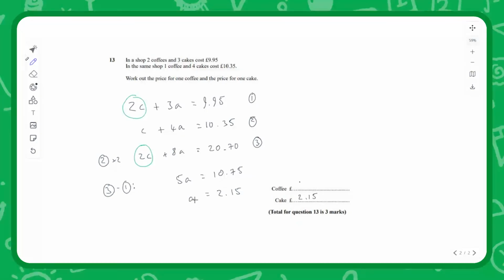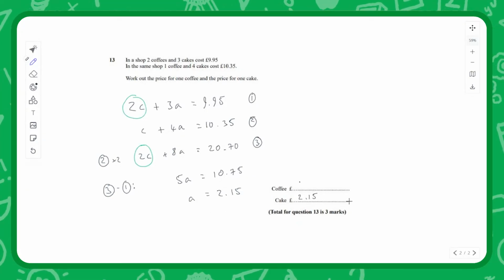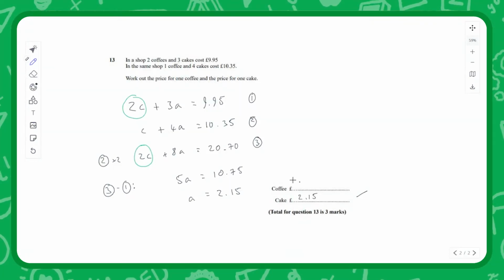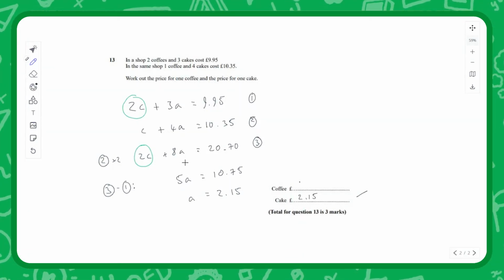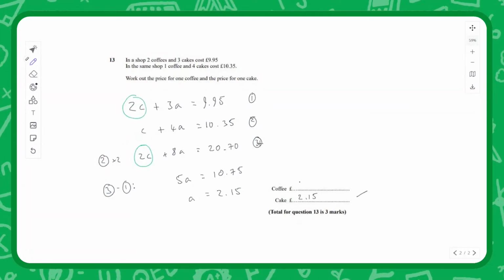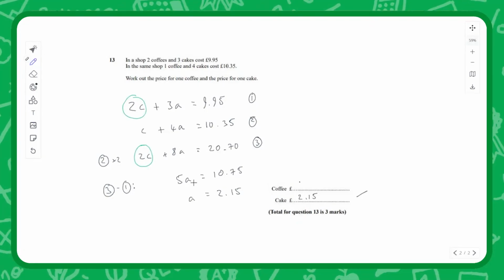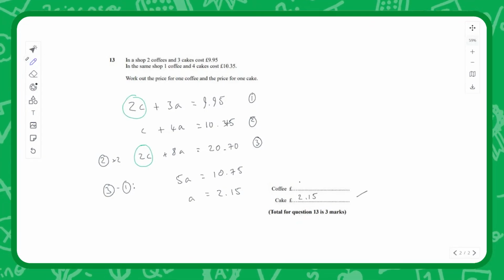And I now want to work out what a coffee costs, right? I've got the cakes, that's all sorted. I need to work out my coffee as well. There are a few different ways of doing this. I could pick either equation 1, 2, or 3, and substitute in my value for a. I'm going to pick 2.